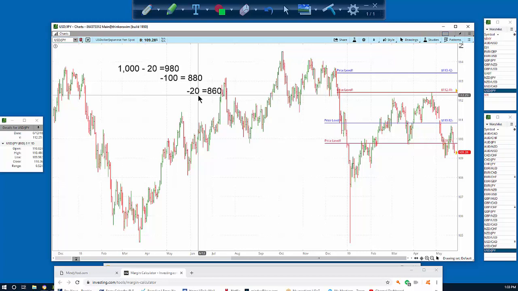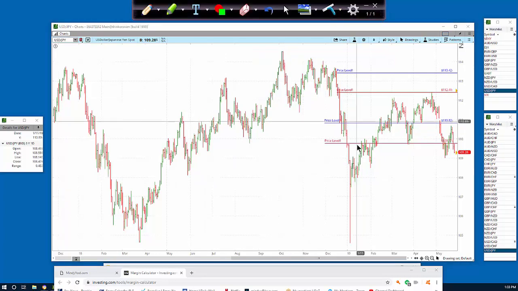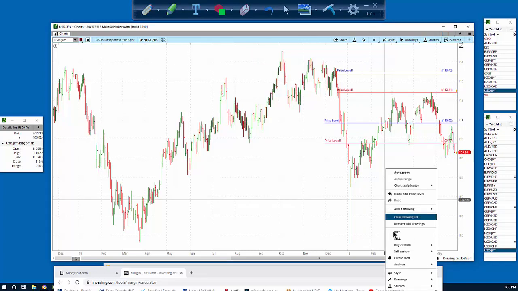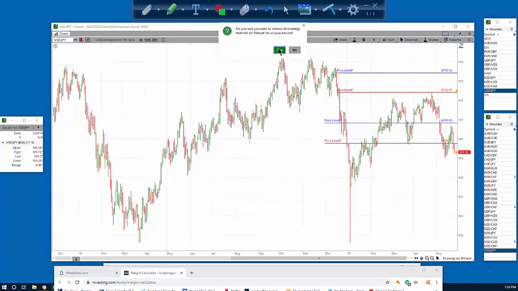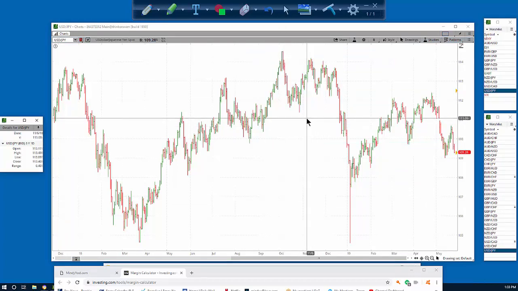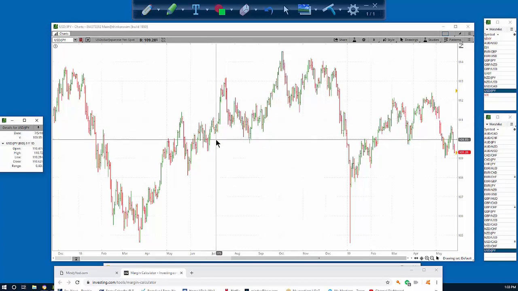Well, I believe that it is, because instead of using stop losses, I think stop losses are a sure way of losing money every time. What happens with Forex is that if you have a stop loss on your trade, a lot of times there's a thing called herd mentality, right?